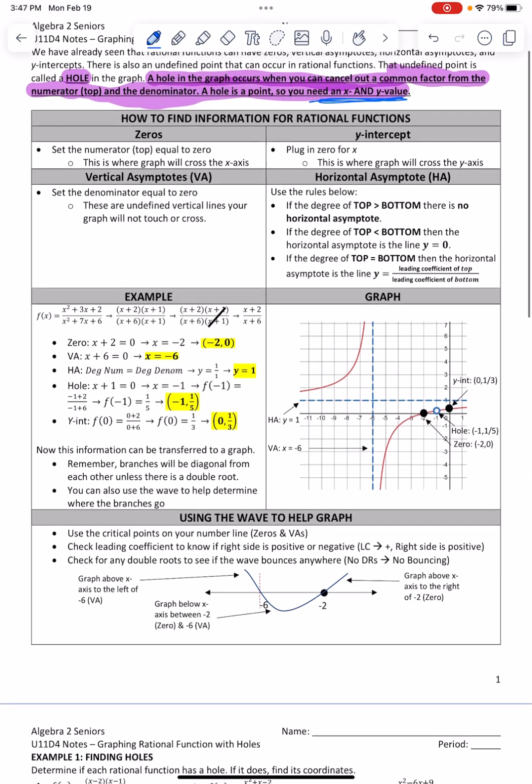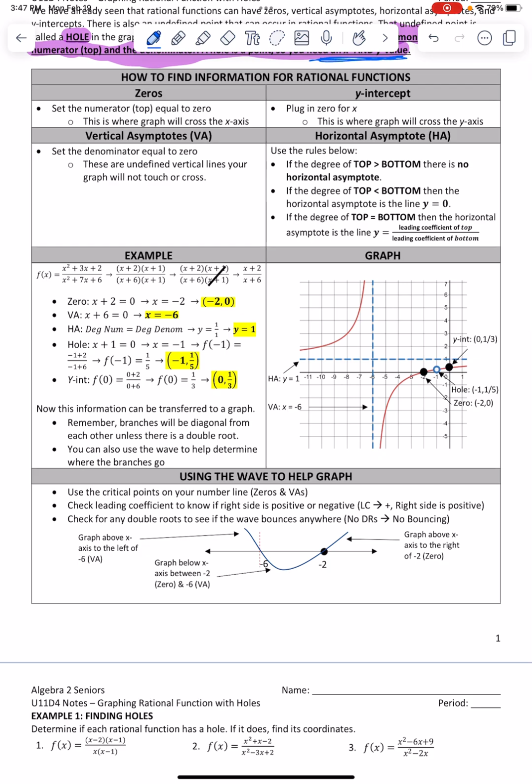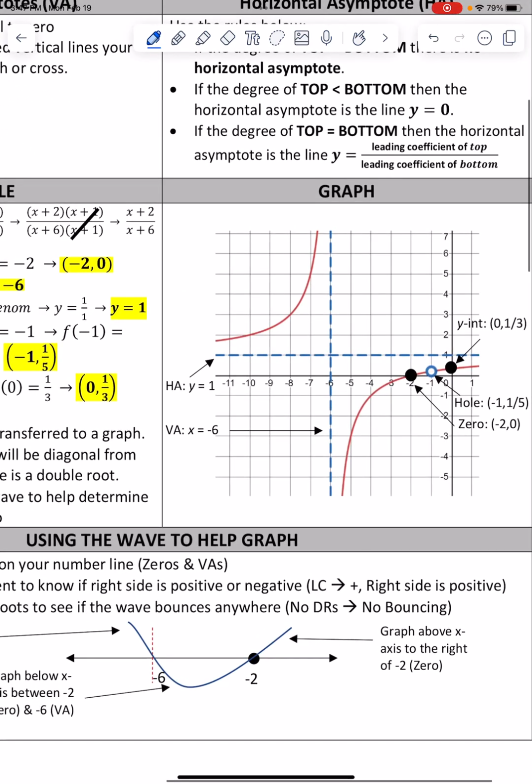So if you look over here at this example of a graph, we can see same horizontal asymptote, vertical asymptote still has two branches, y-intercept, x-intercept are 0, and then you've got a hole right here. And it's an open dot. That's showing as undefined. It's not actually part of the graph.